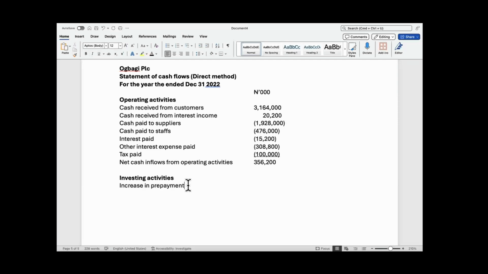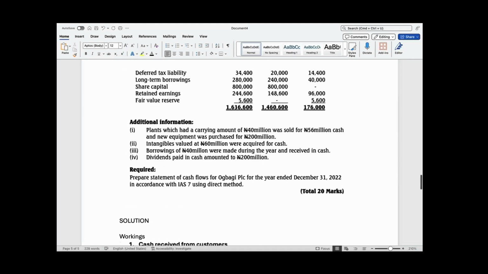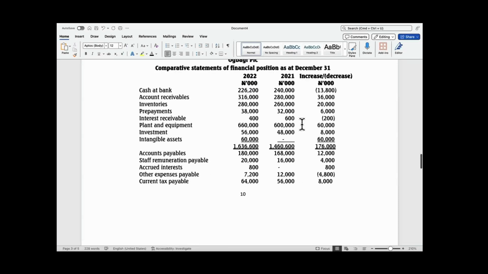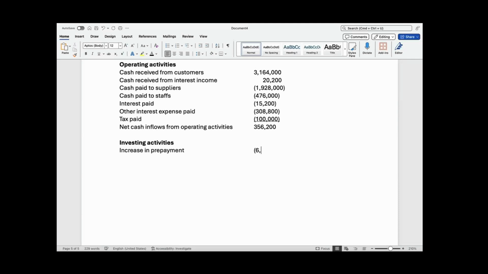You paid rent for 5 years, that's a major investment. So what goes to P&L is the rent for the year. The remaining that is not for the year, that's what we call prepayment. So who says that cannot go to investing? So there's an increase in prepayment by how much again? 6,000. So there's a 6,000 outflow here.